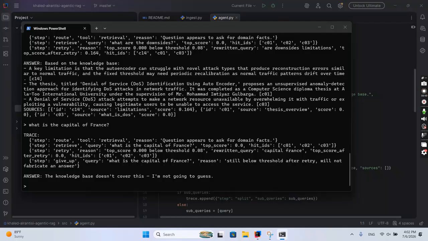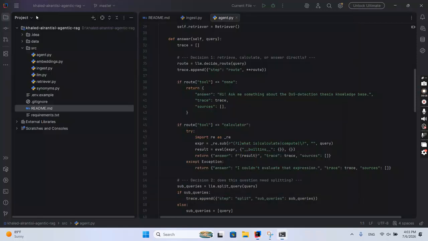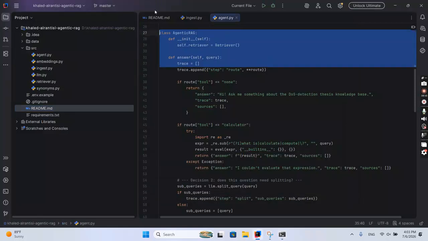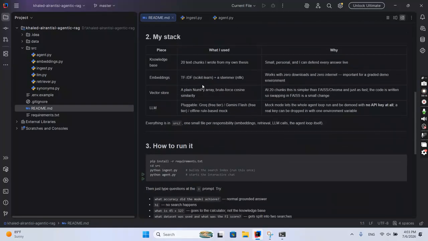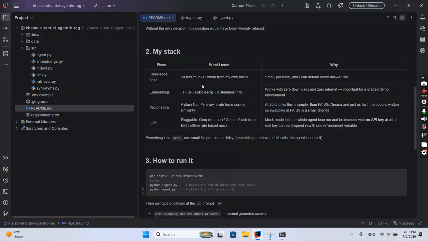I found it by calling the search function directly with smaller and smaller queries until I isolated the exact word that was mismatching, and I fixed it by adding a stemming algorithm. It's fully documented in my readme file, and it is also on GitHub.